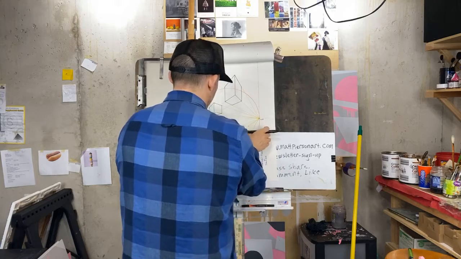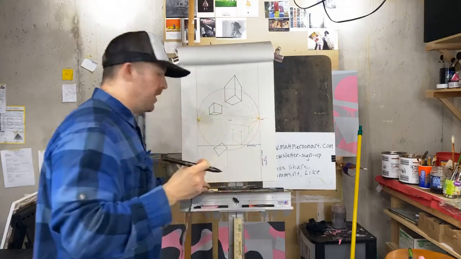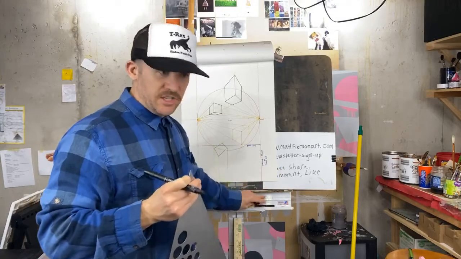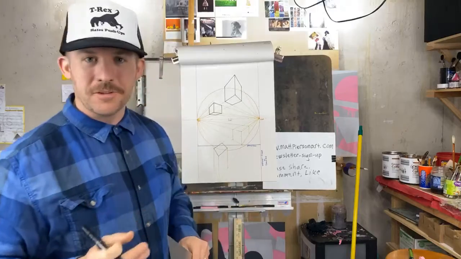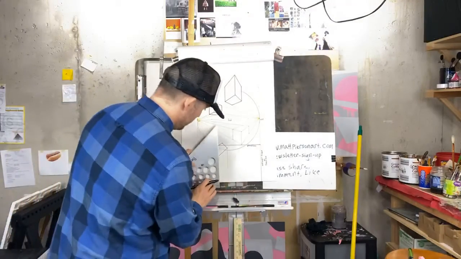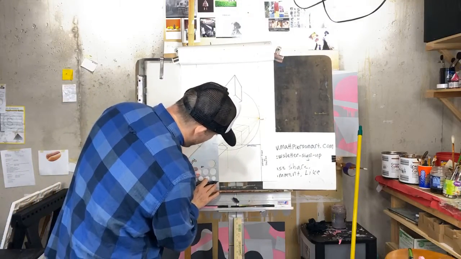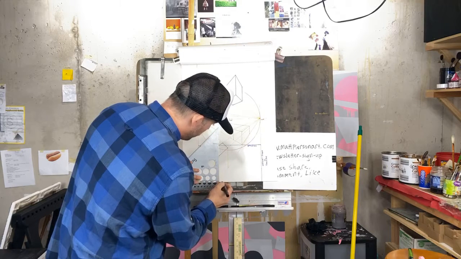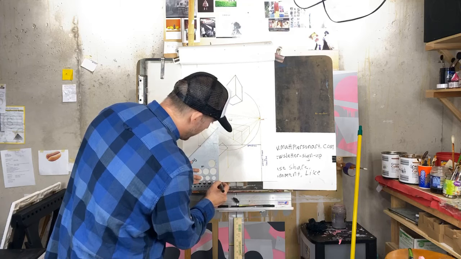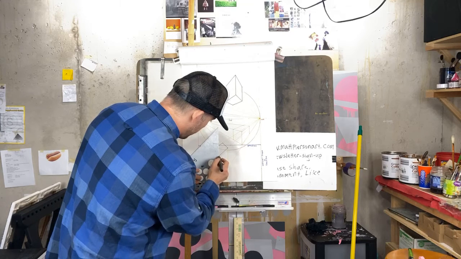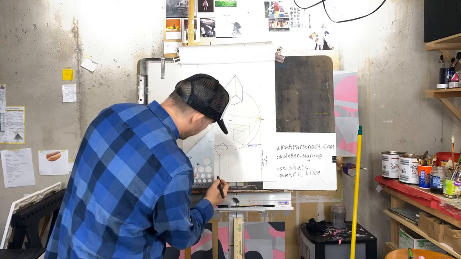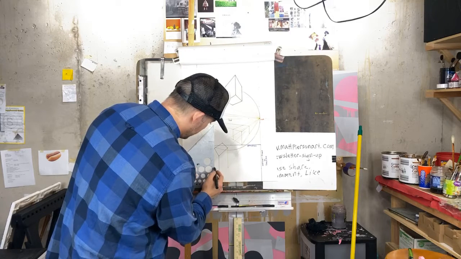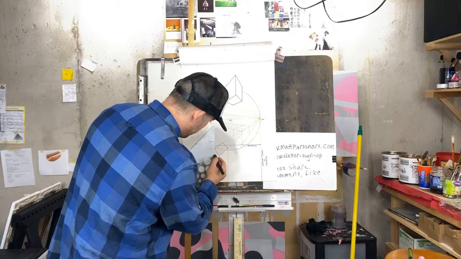Alrighty. If you're wondering why it takes so long to do perspective drawings, the answer is it just takes a really long time to do perspective drawings by hand. They take forever, especially if you want to do them in this manner, where you actually have to use a ruler. Uh-oh.